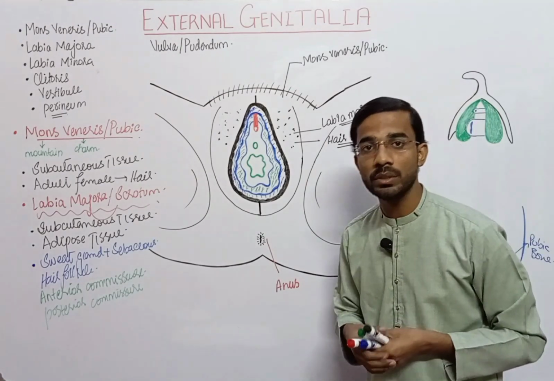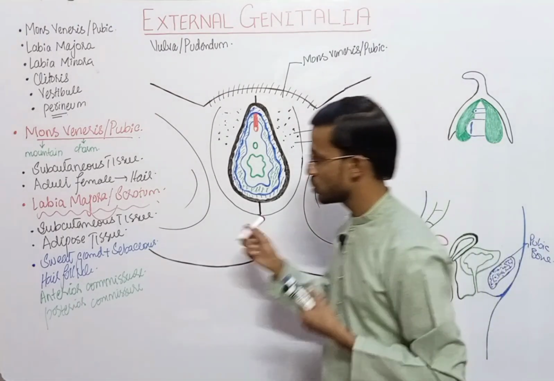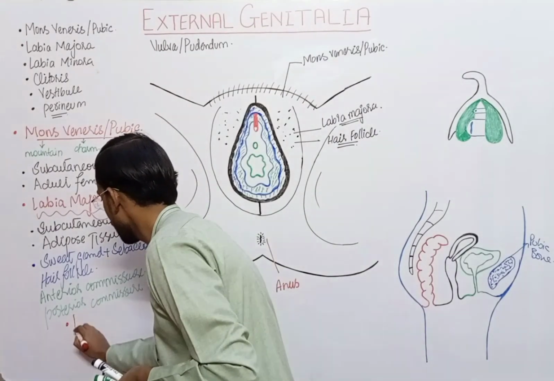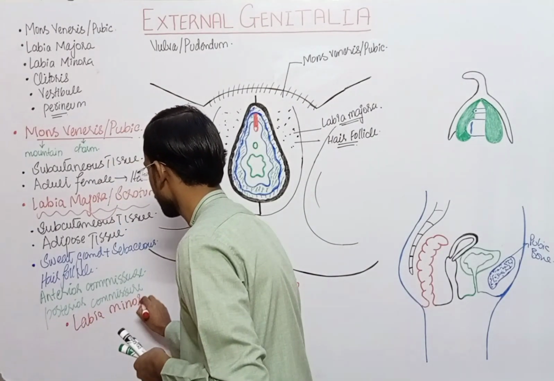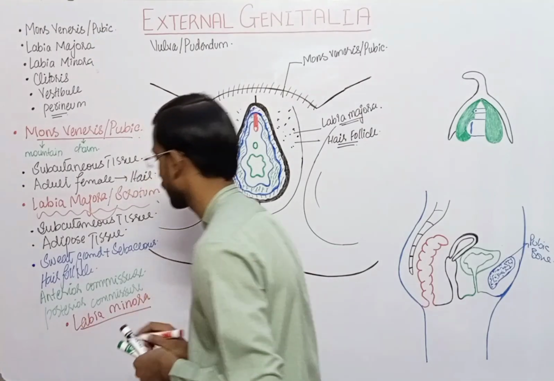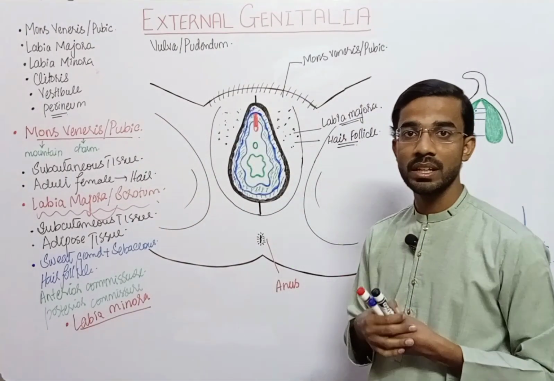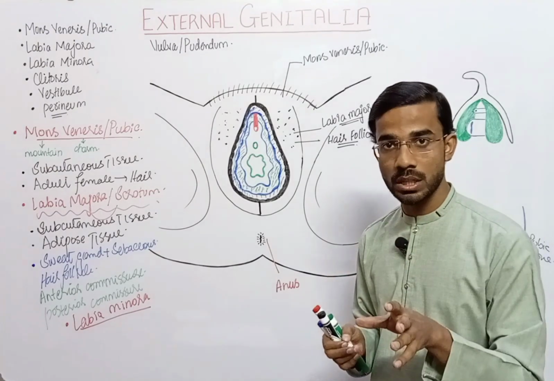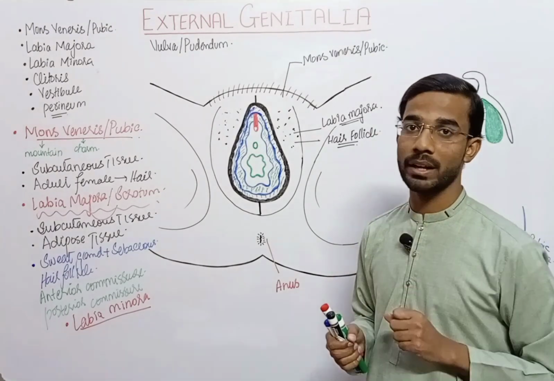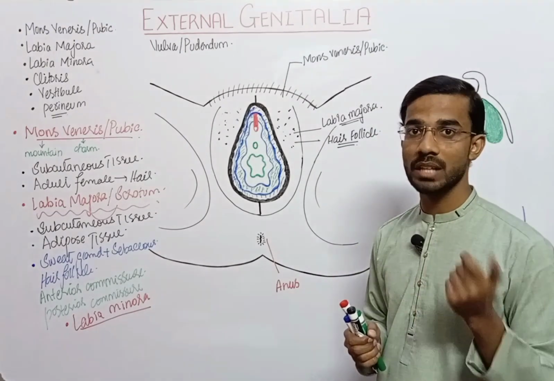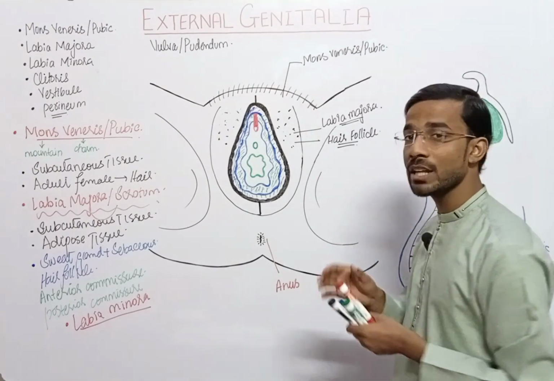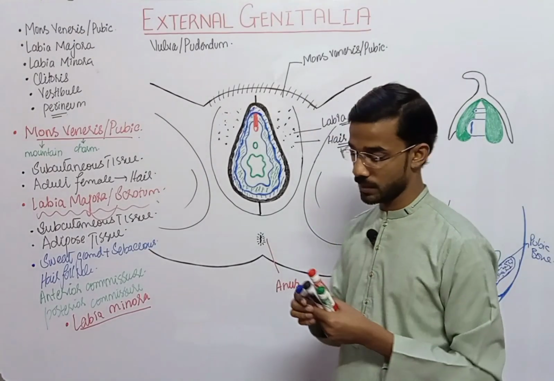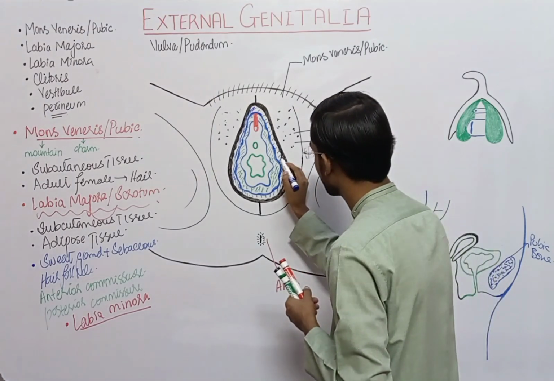Next we will talk about the labia minora. This is analogous to the ventral aspect of the penis in the male. The labia minora has two thin layers.